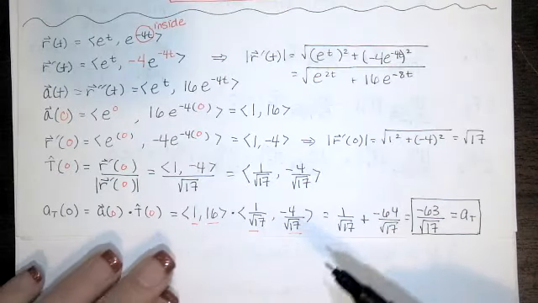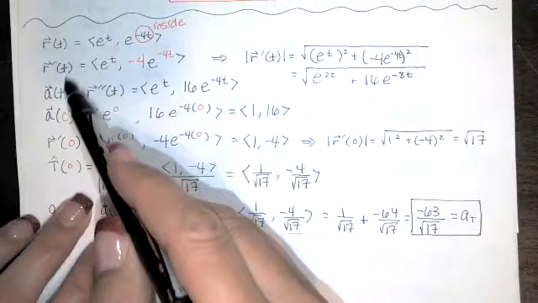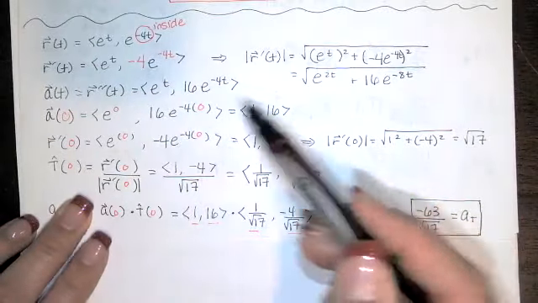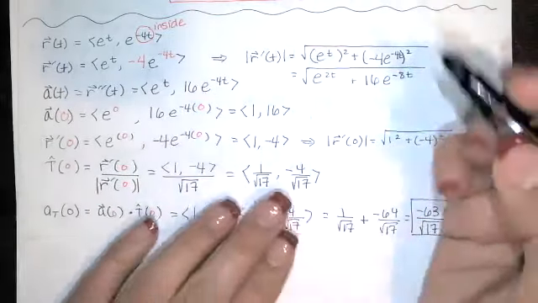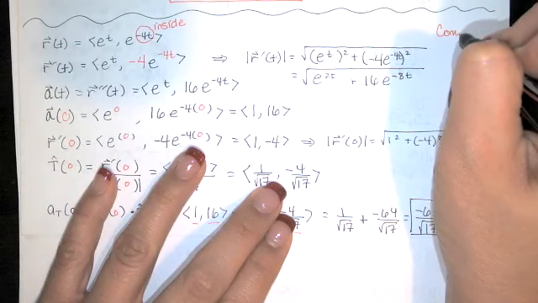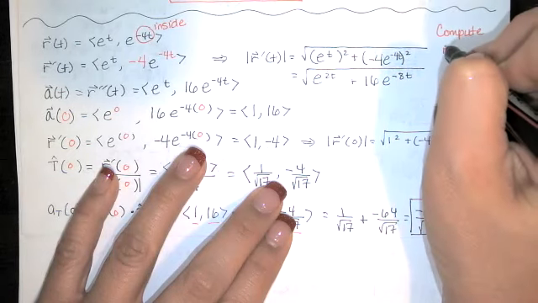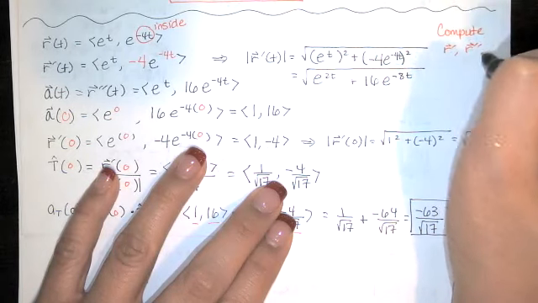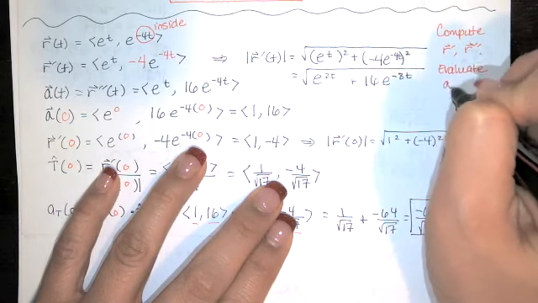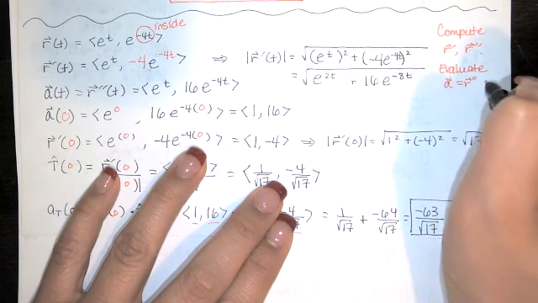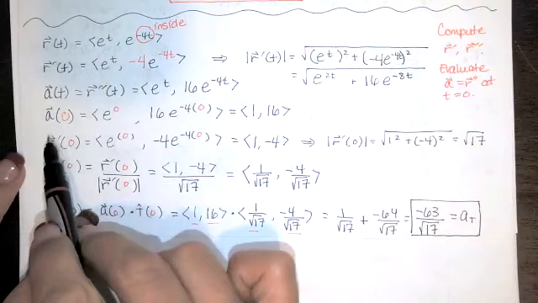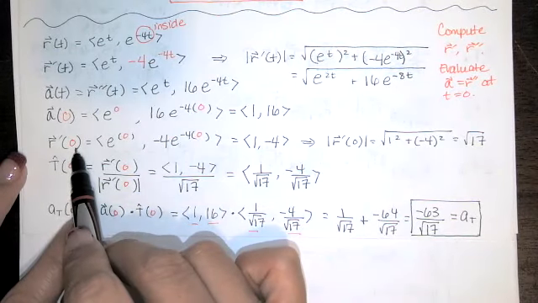Before we go on, let's talk about what we just did. We found the first and second derivative to find the acceleration vector, and then we evaluated the acceleration vector at time t equals 0. So compute r prime and r double prime, and then we evaluate. Then we evaluated r prime at t equals 0.